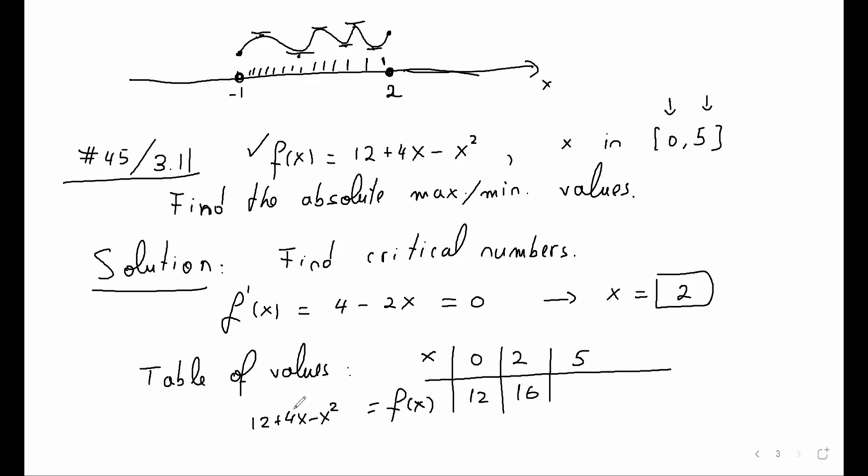And then we're going to plug in 5. 12 plus 4 times 5, which is 20, right? And then minus 25, which turns out to be, let's see, 12 plus 10 minus 25 turns out to be 5, I think.